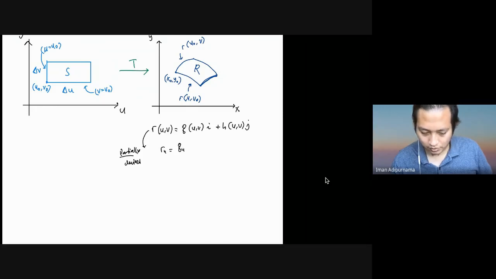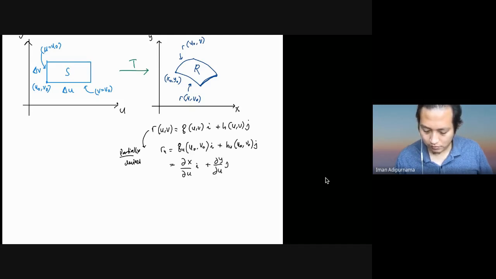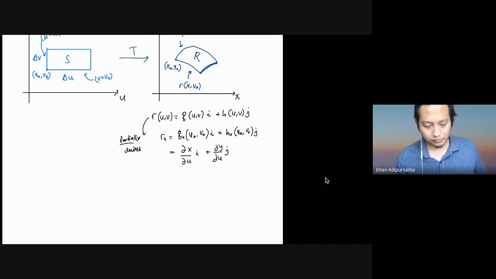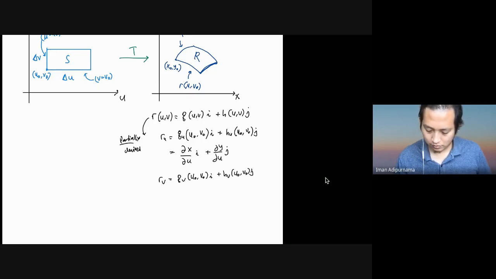Maybe I will write this, or we can write it in terms of Leibniz notation. And similarly, we will have rv.